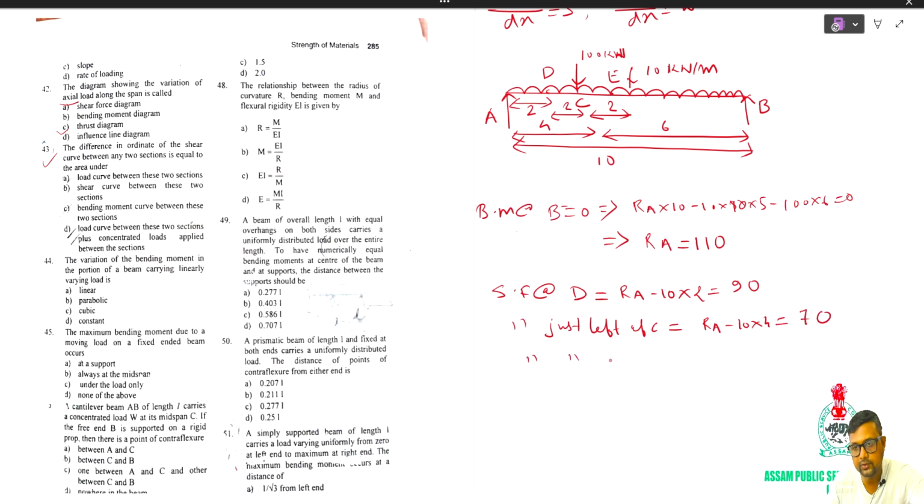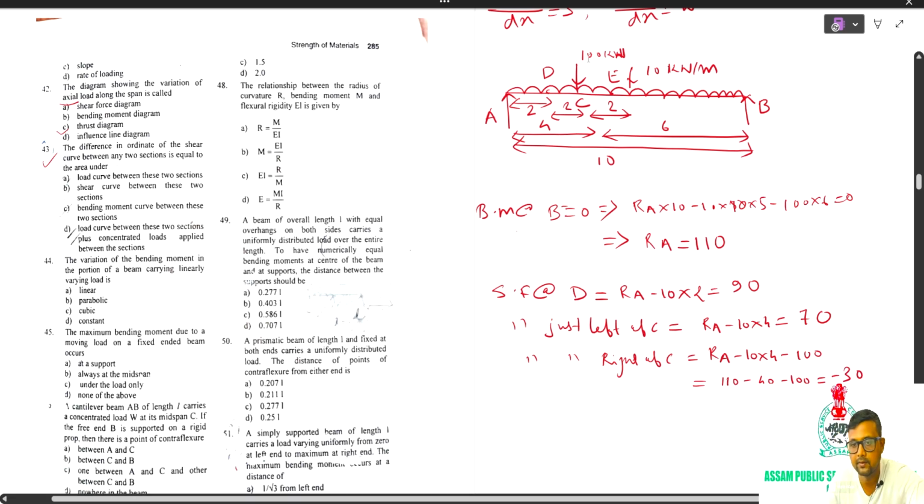Shear force just right of C, Ra minus 10 into 4 minus 100, because now on the right side the 100 kN load will also act, and this becomes 110 minus 40 minus 100, which is minus 30, right?